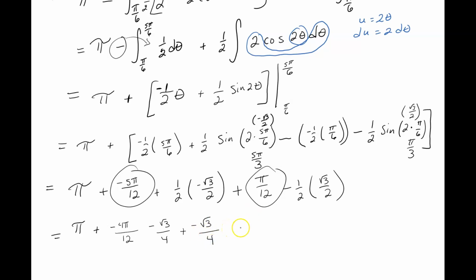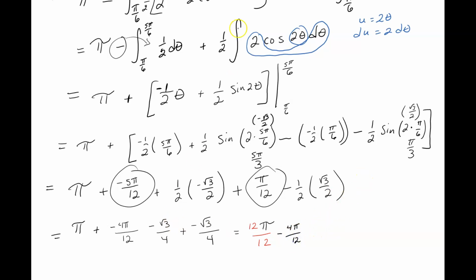So let's see where we're at here. We have a pi, which we can write using a denominator of 12, because that would be a common denominator for 1, 4, and 12. So we're going to multiply this by 12 over 12. The negative 4 pi over 12 is fine.